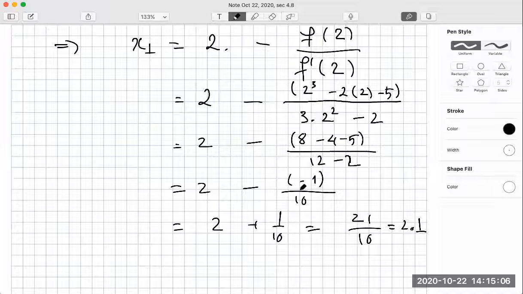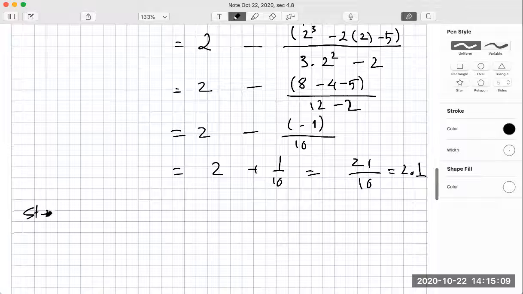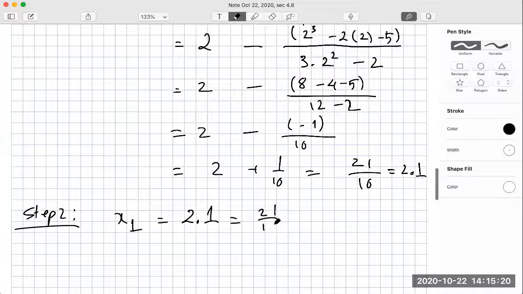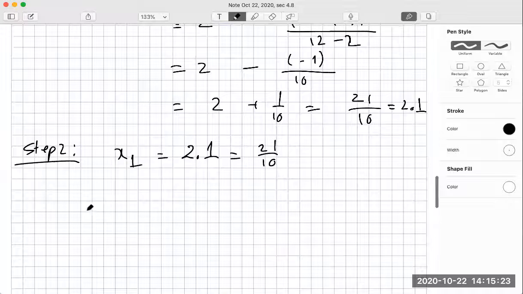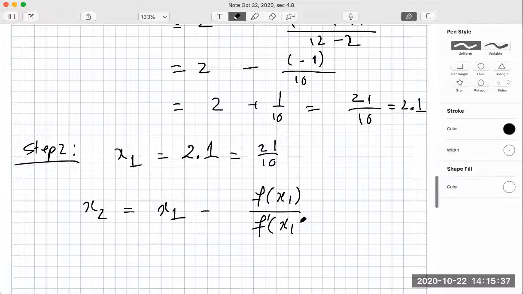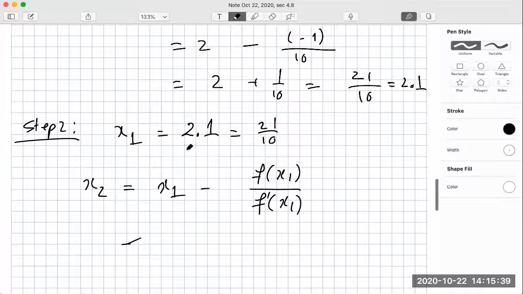Let us do the x2. Step 2. x1 is 2.1 or 21 over 10. Okay? So therefore, from Newton method, x2 will be, do you remember? Perfect. Thank you. Okay. Now again, x1 we are given here, right? 21 over 10.